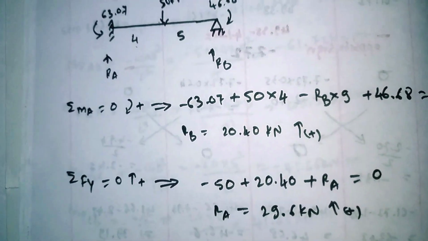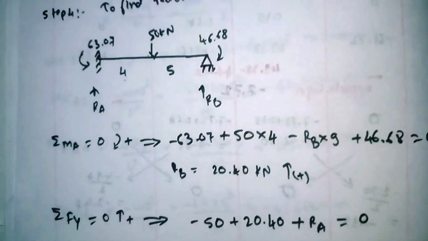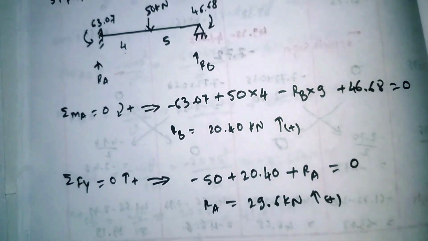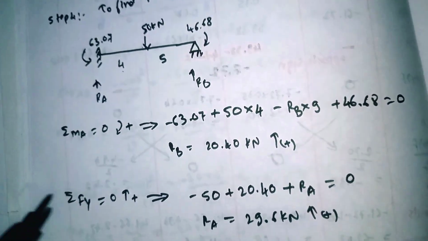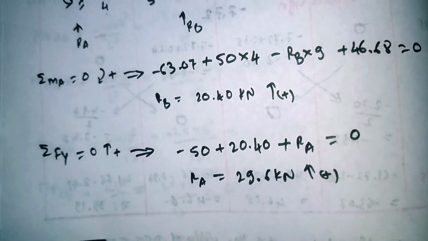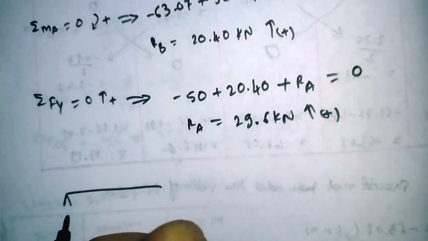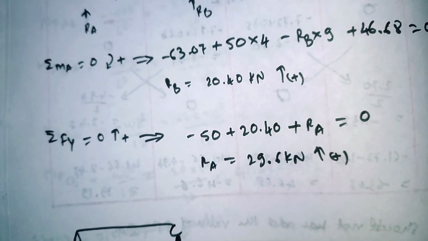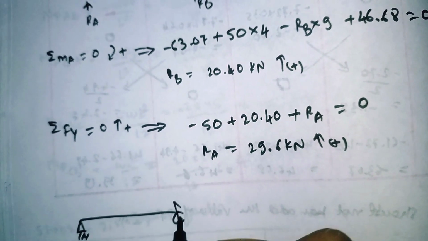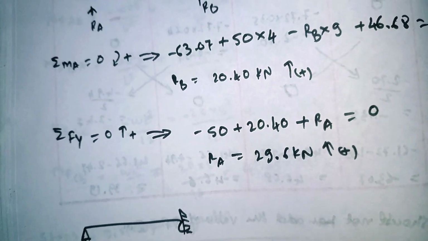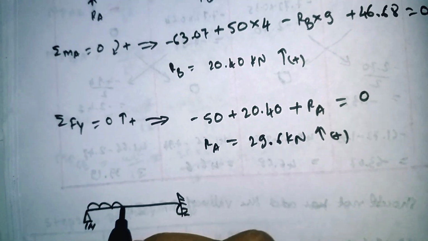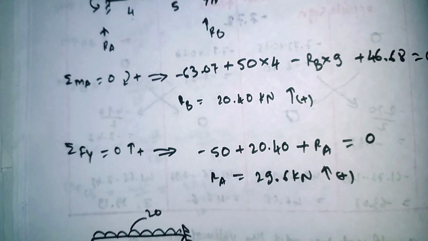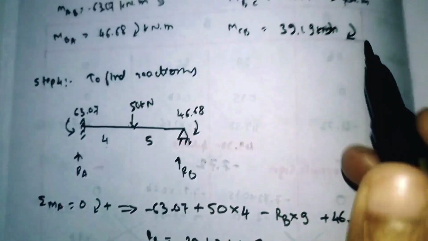So next we'll go for the second span. Here I will show span BC. I will draw it here. A UDL of 20 is acting.